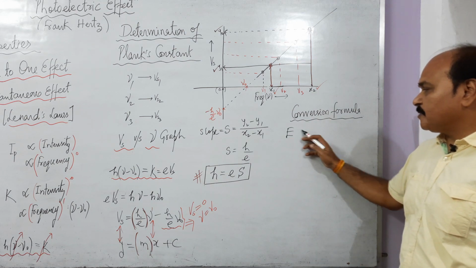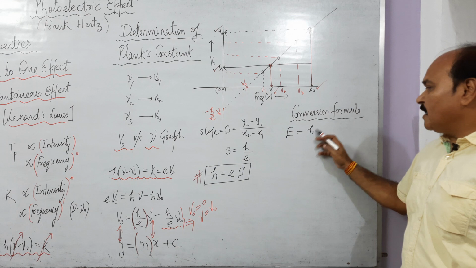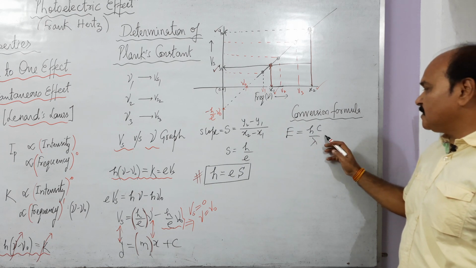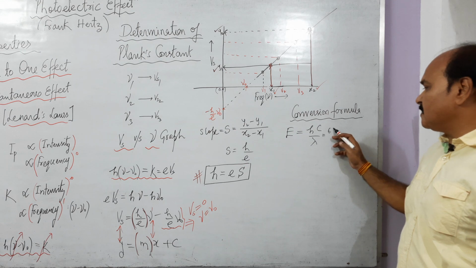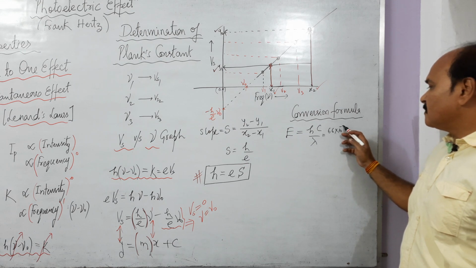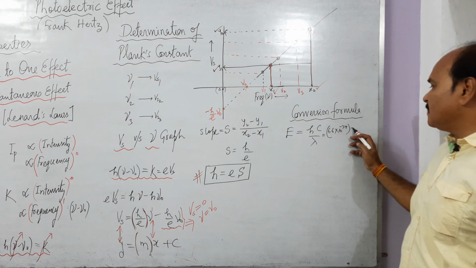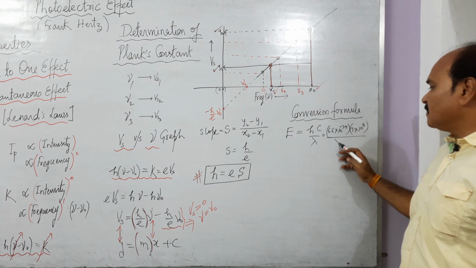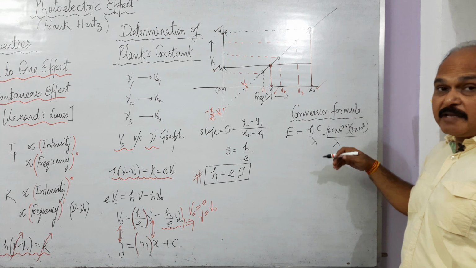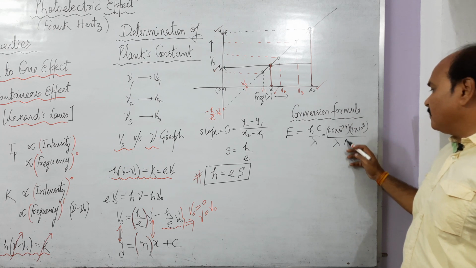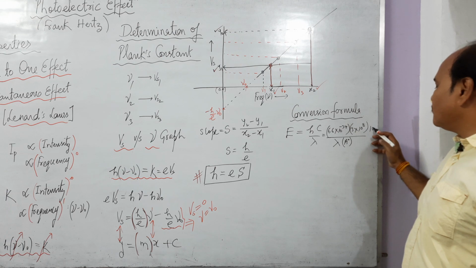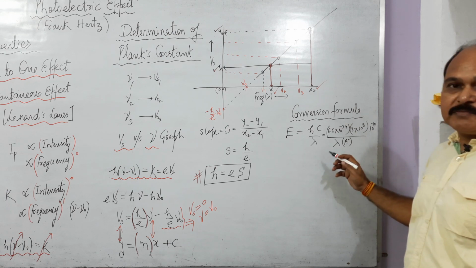According to Planck's hypothesis, the energy of a photon is hc upon λ. If we substitute the value of h, which is 6.6 × 10⁻³⁴, the speed of light, that is 3 × 10⁸, and we write the wavelength in angstrom, then we have to multiply it by 10⁻¹⁰ also.